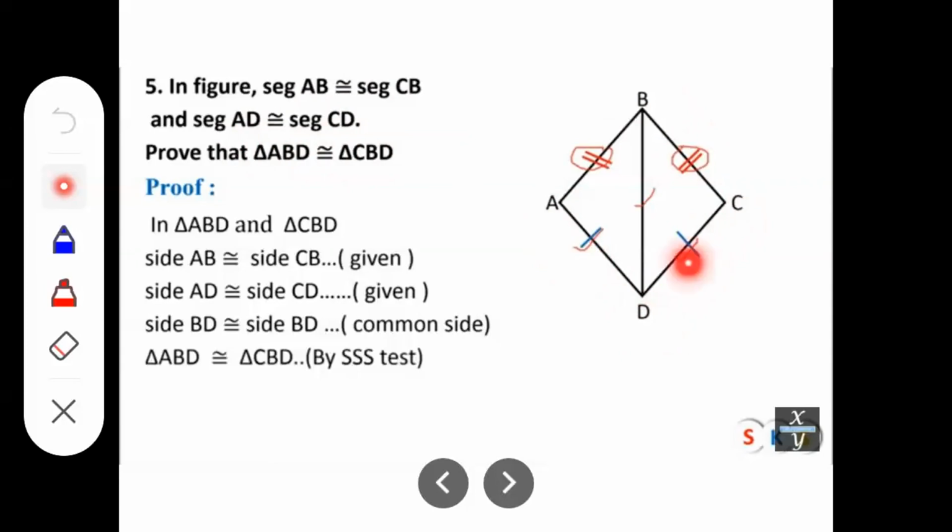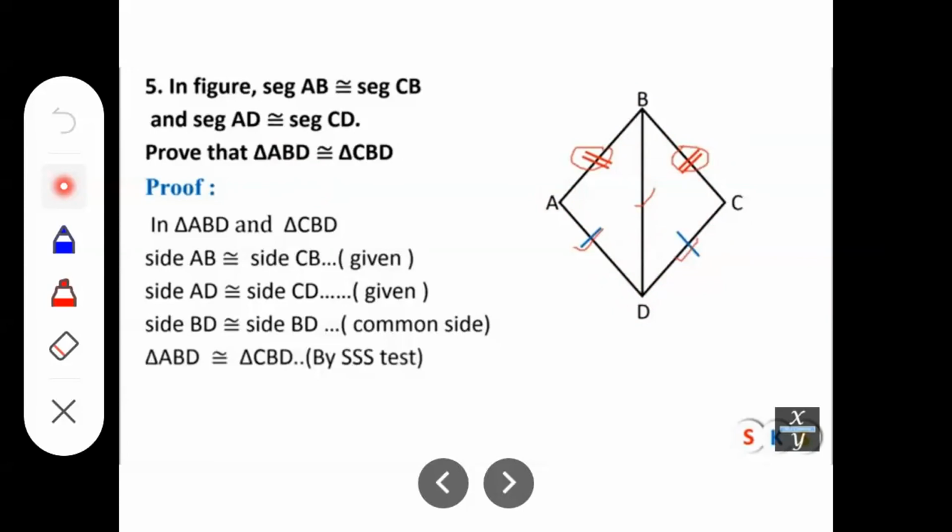Mark it in the same blue line here. Now we have to prove that the left smaller triangle ABD is congruent with CBD. This triangle is congruent with this one.